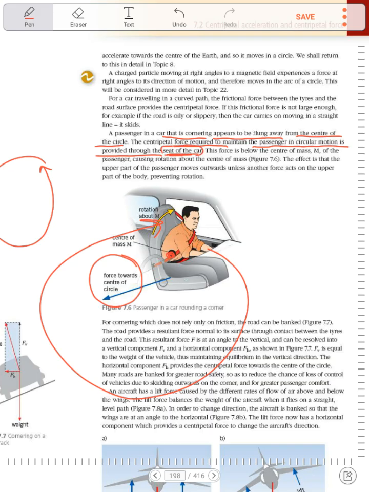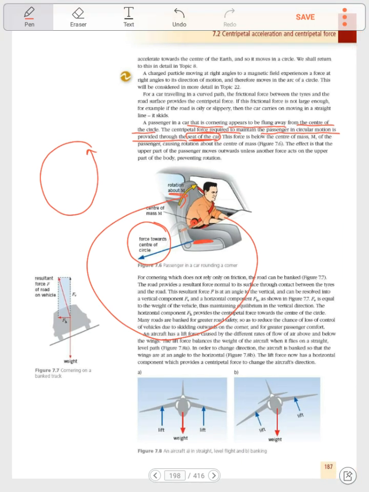The seat produces a friction, so this is the force toward the center. Here we have a banked track, with the weight and the normal force. The horizontal component of the normal produces the centripetal force, and the vertical component of the normal is equal to the weight.